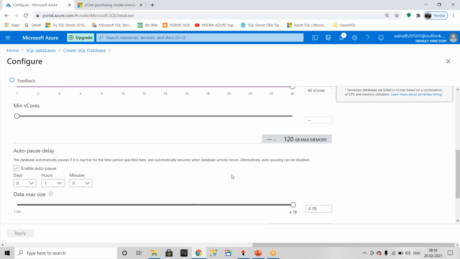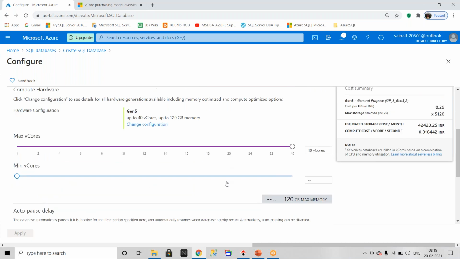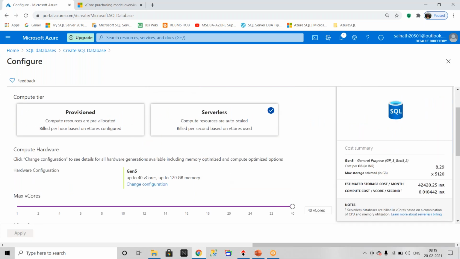Whenever you access the database and perform any transactions, it will start resuming and your resources will be allocated to your database. Clear? Not clear?